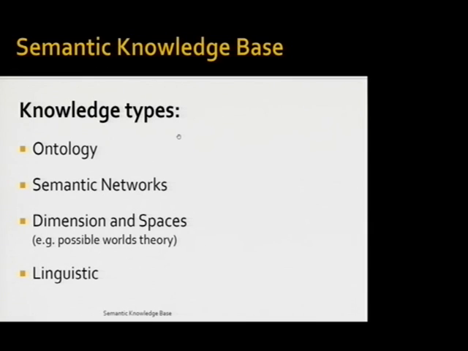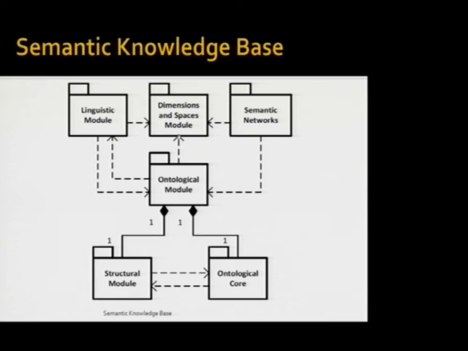What we decided to do when we started to work on the semantic knowledge base was that we need to supply some semantics into semantic networks. So we decided to use ontology, and we've also developed some more modules, especially a linguistic module for communication with the base, and a dimension and spaces module, which provides us the possibility to use some theories like possible world theory by Kripke.